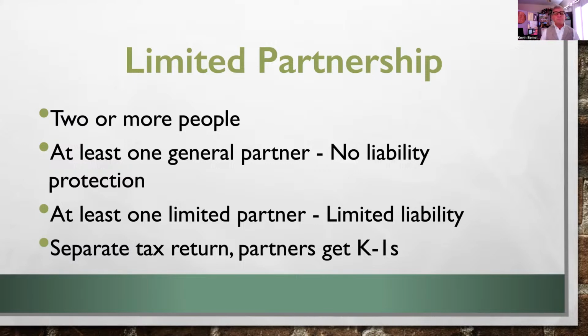Now, because his liability is limited, his participation in the business is also limited. As the general partner, I run the business on a day-to-day basis. As a limited partner, he may not be involved in the day-to-day running of the business, and if he were, that could potentially take away his limited liability because he's acting like a general partner.